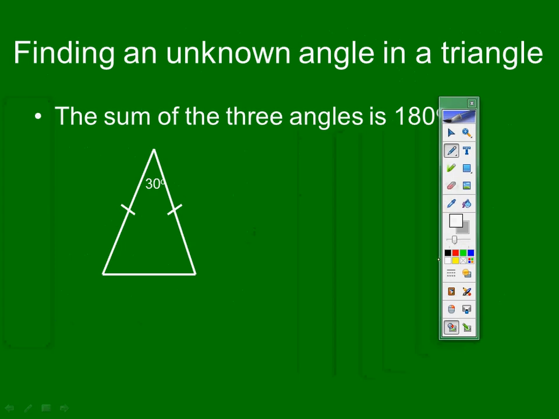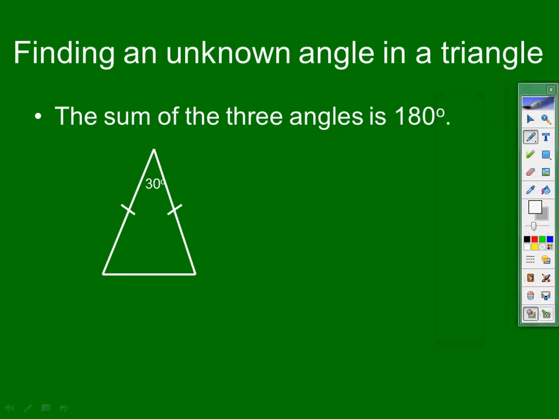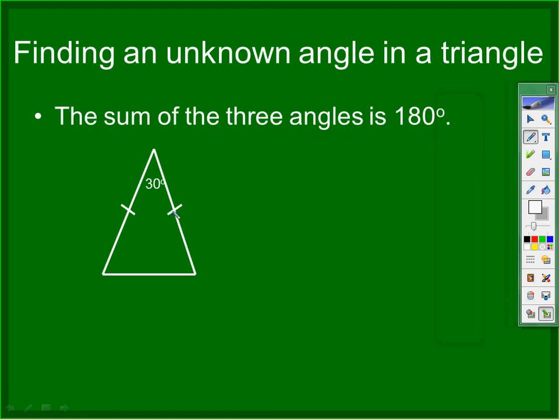Using the idea that there are 180 degrees in a triangle, and being able to look at the markings on this triangle and seeing that I've got two sides that are the same, that tells me that two of my angles are the same. And I can visually look at this and see that this angle is congruent to this angle. If I know there's 180 degrees in this triangle, and I've already used up 30 for this smallest acute angle, that tells me I've got 150 degrees left.